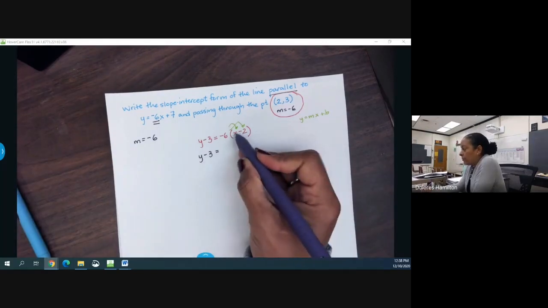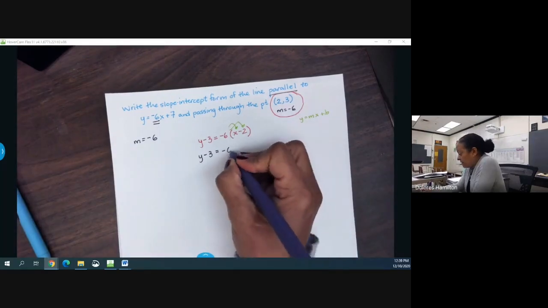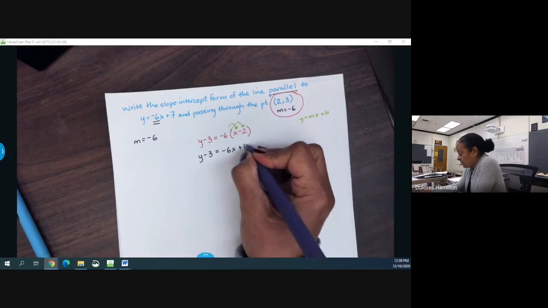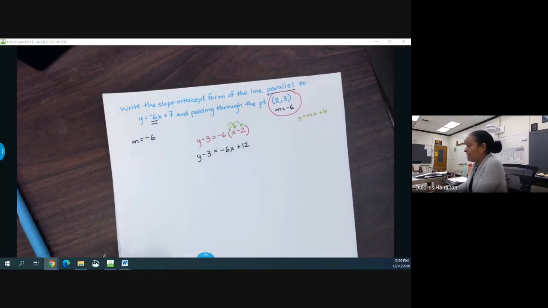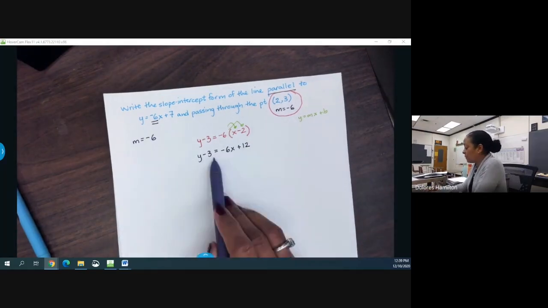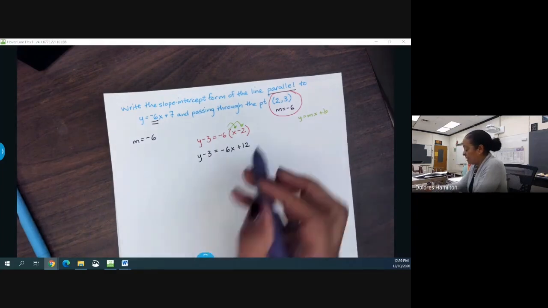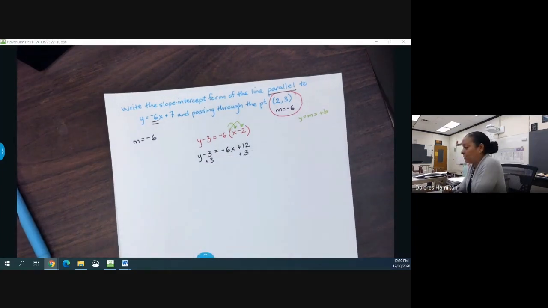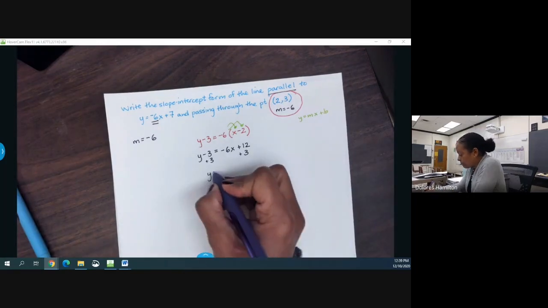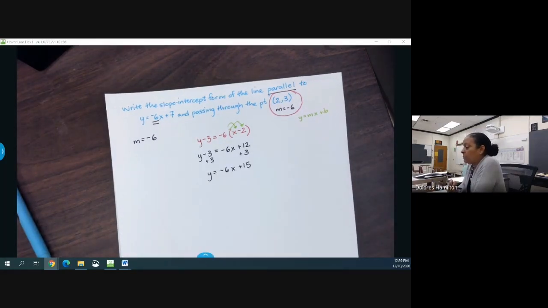So when we distribute here, we would get negative 6x plus 12. And since this asks for slope-intercept form, we're next going to move the 3 over to the other side. So we add 3 to both sides, which gives us y equals negative 6x plus 15, which is our slope-intercept form.